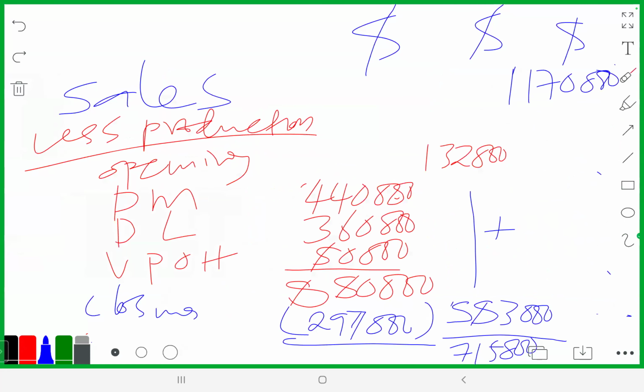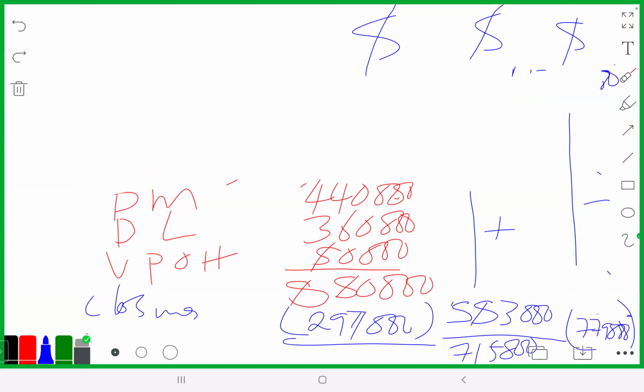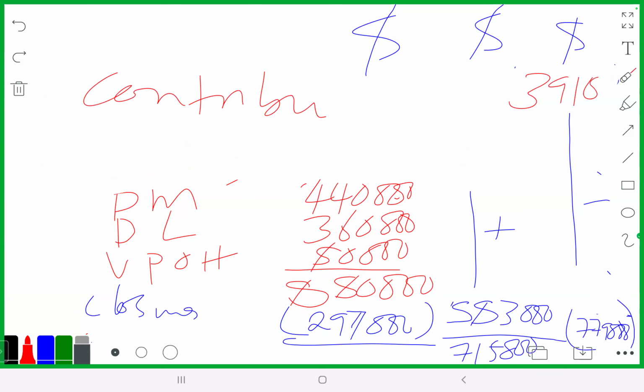Plus is 779,000, and that is what you're going to deduct from the sales. So what is the contribution? 391,000.